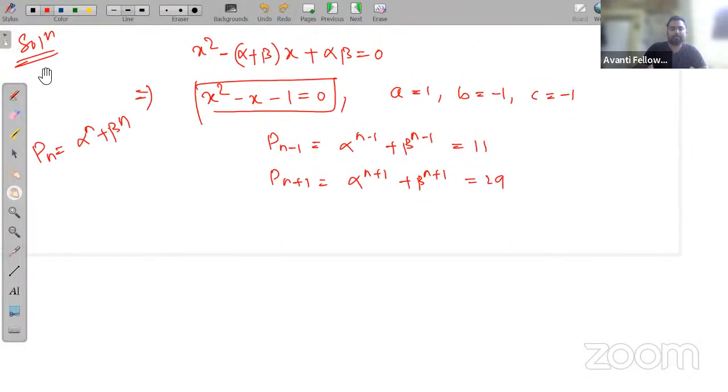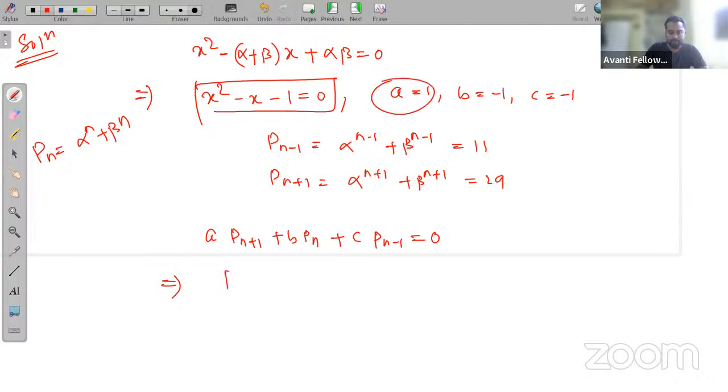So first I am starting from the condition a into Pn plus 1 plus b into Pn plus c into Pn minus 1 is equal to 0. Now substitute all the values. A is 1, so this becomes Pn plus 1. B is minus 1, this becomes minus Pn, and c is also minus 1, this becomes minus Pn minus 1, equal to 0.